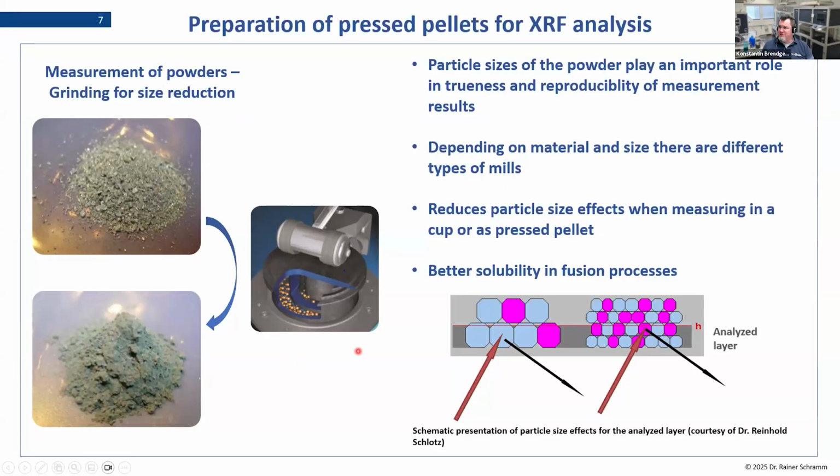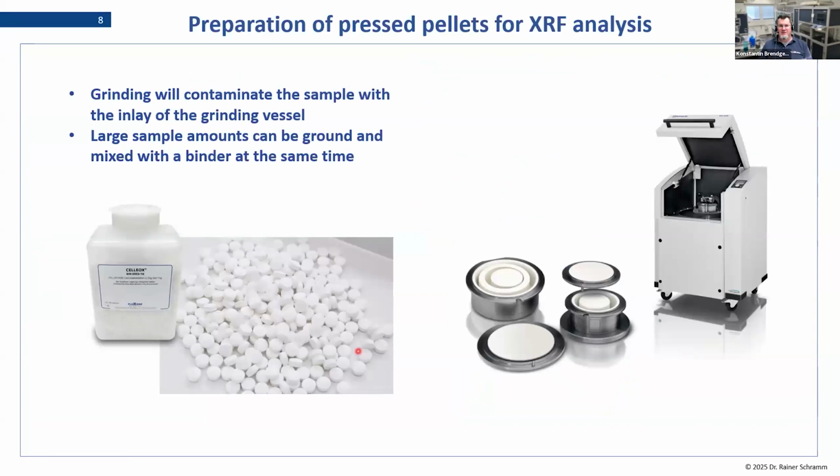And that is an interesting thing because we can use the grinding step of our sample to introduce a binder, which then later helps us to press. So here is an opportunity to be really efficient with the preparation.